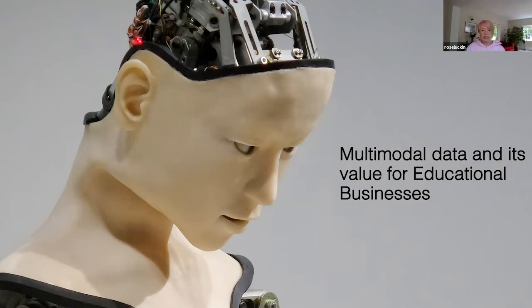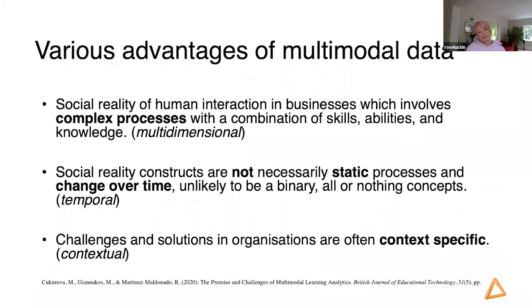Now, I also said I would say something about multimodal data and its value for educational businesses. And multimodal data is something that we haven't traditionally thought about before the last 5 to 10 years. And yet, particularly when it comes to thinking about how a team of staff are working well together and how you're maintaining that staff and building that staff, it's very much a human interaction process.